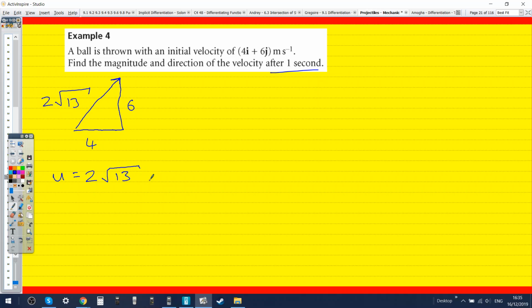Do we know what v should be? V. No. Does that mean it should be negative 2.2 root 3? And I believe a is minus 9.8.